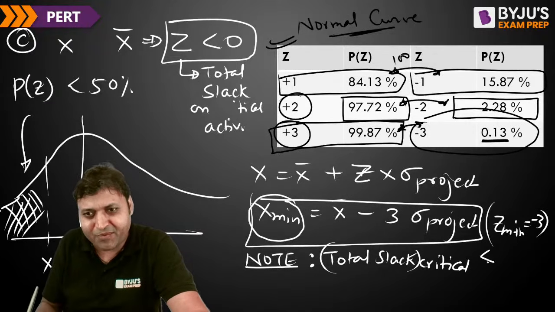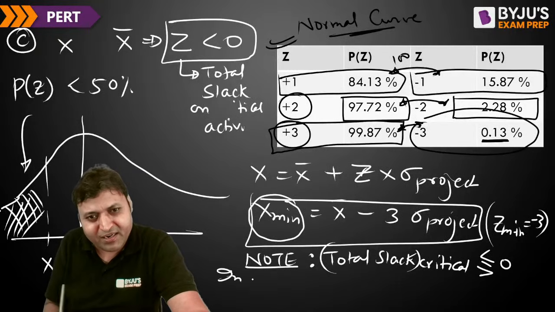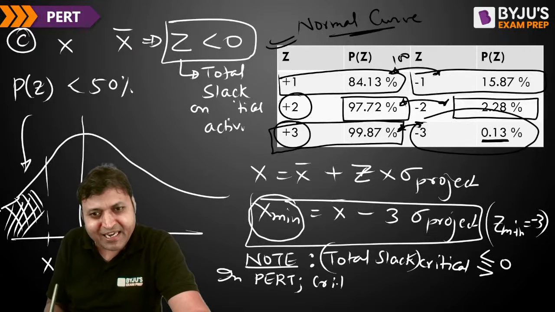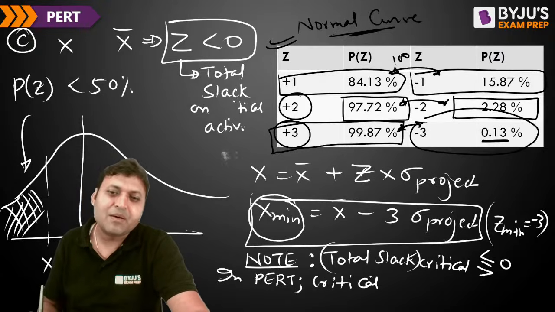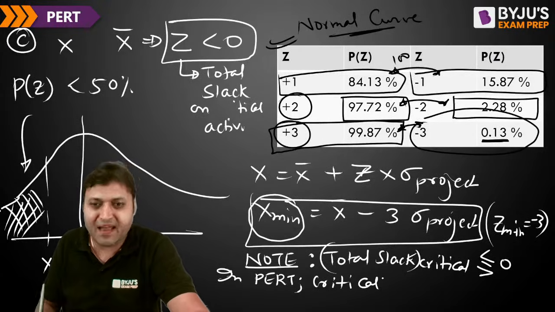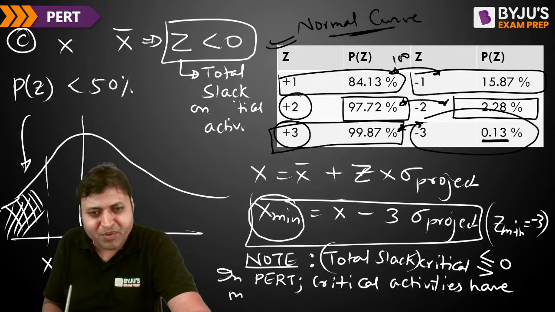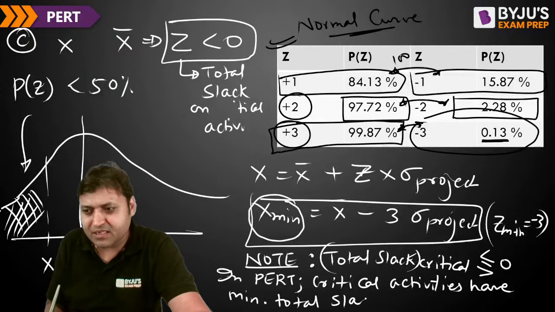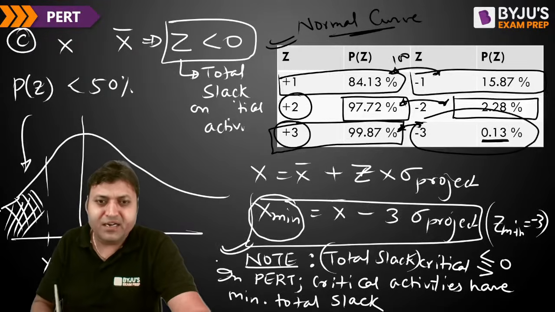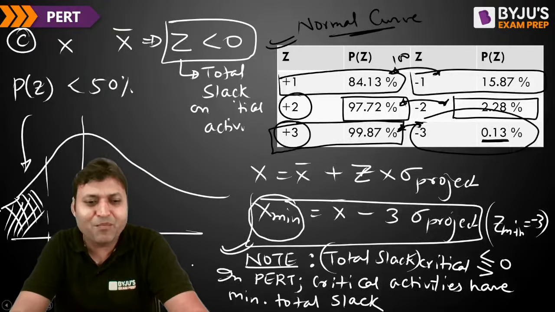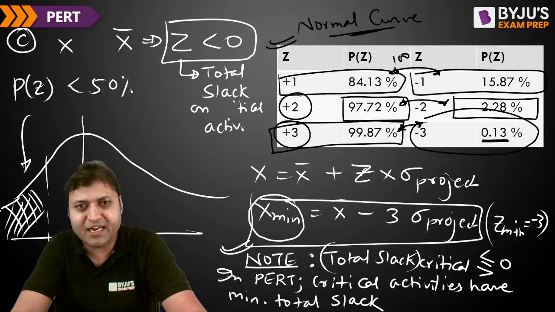Critical activities can be negative, can be positive, or can be zero. We can say in PERT, critical activities have minimum total slack. Is this clear to everyone?